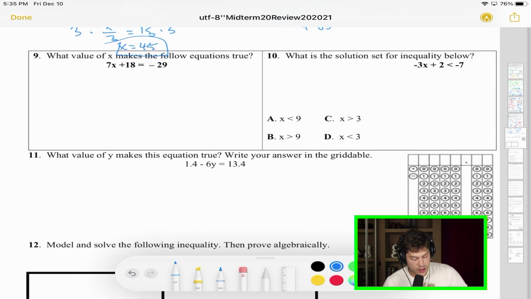Number 9. What value of x makes this equation true? So now we're just simply solving. We're going to subtract 18 from both sides. We want to get rid of it. So we have 7x equals negative 47. Is that right?